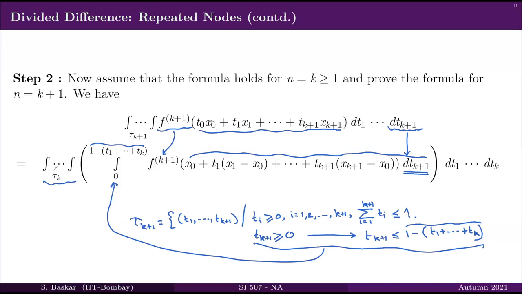Let us do this integration later. Therefore, I have also moved dt1 to dtk outside the bracket. Let us integrate this explicitly. When you integrate this, you can see that the integrand is the k plus 1th derivative, so one derivative will get reduced here, and the integration is with respect to tk plus 1, right?